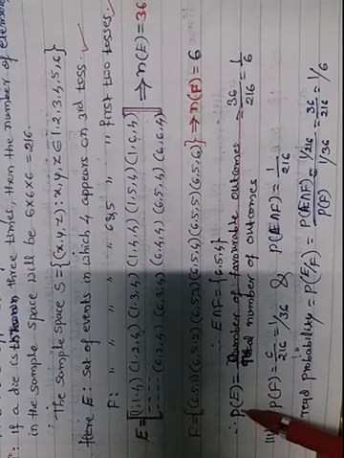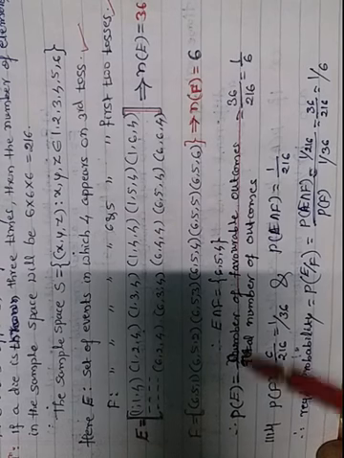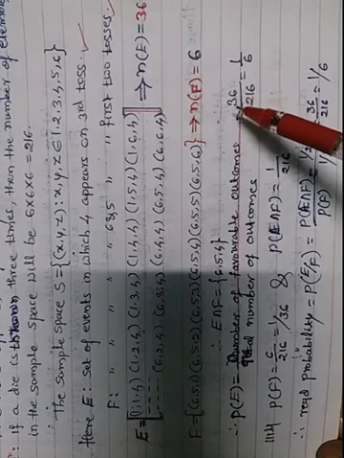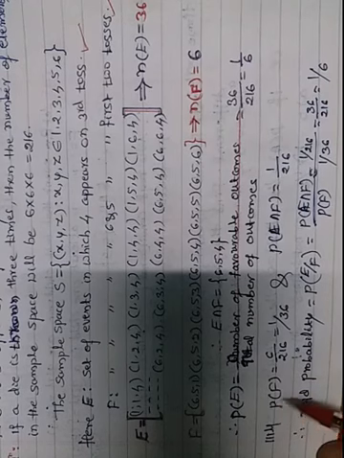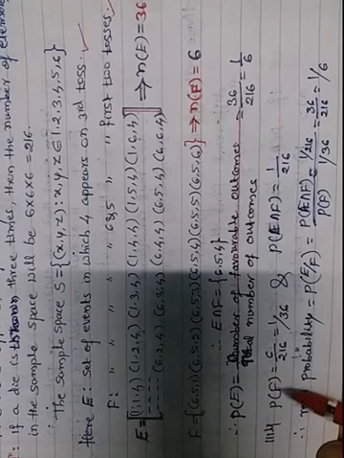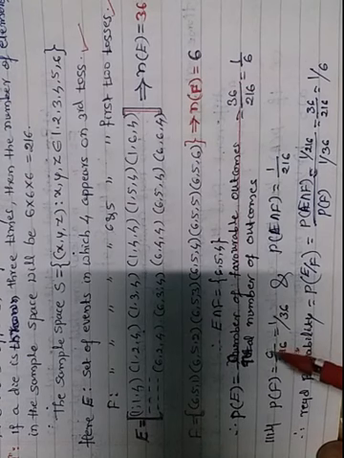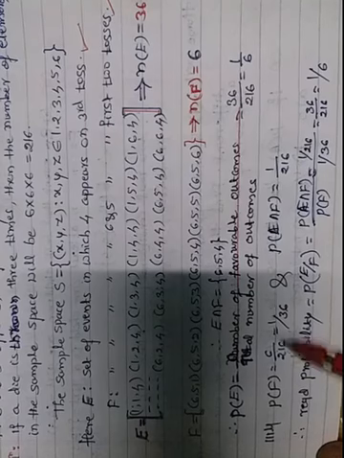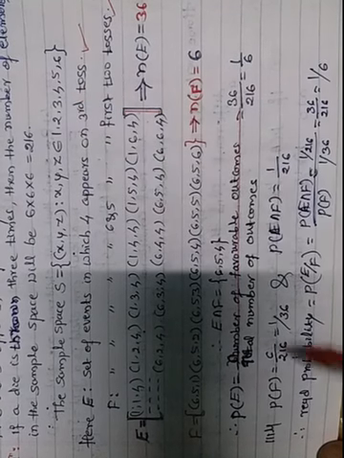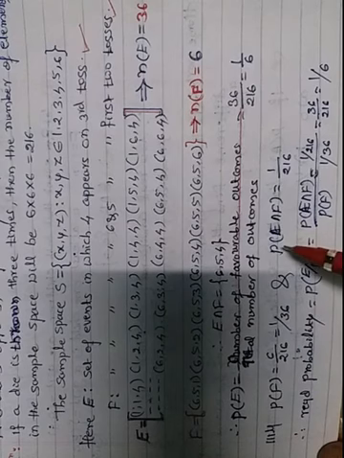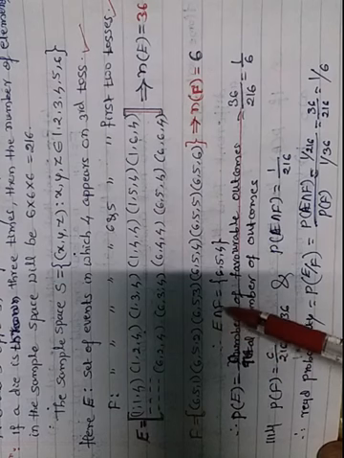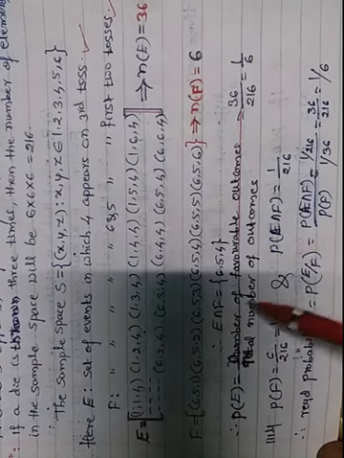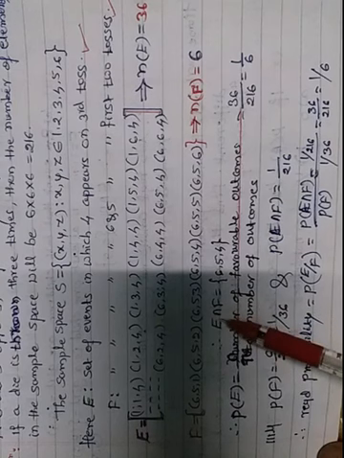After that, we have to find the probability of the event E, which I already explained: 36 by 216. Similarly, the probability of the event F is 6 by 216, hence 1 by 36. But I had already taken out the common elements to find E intersection F. We have to find the probability for this also.